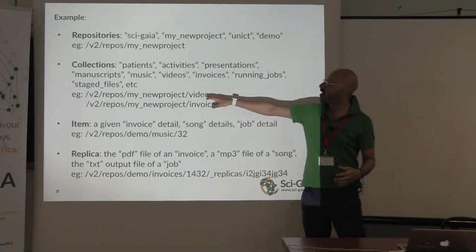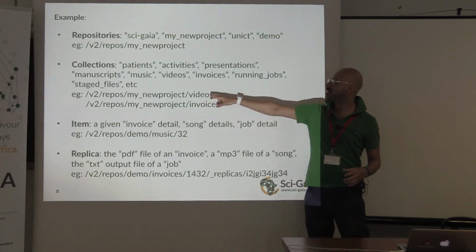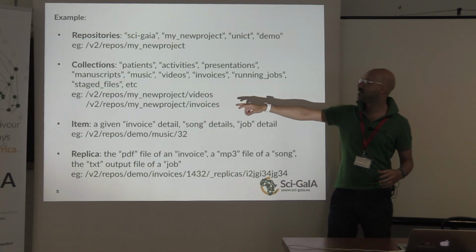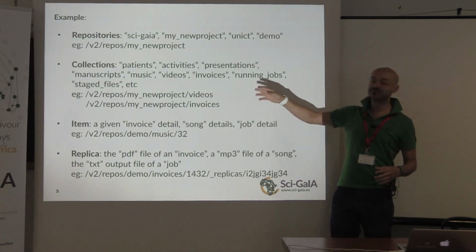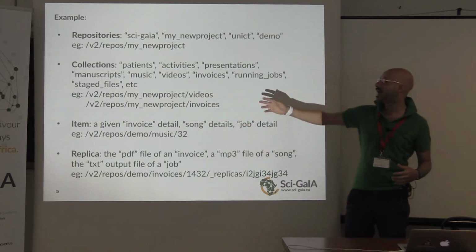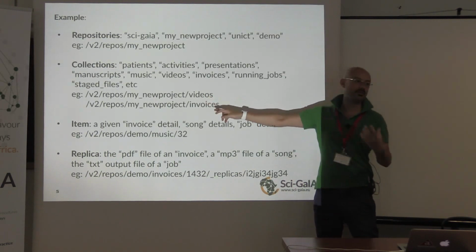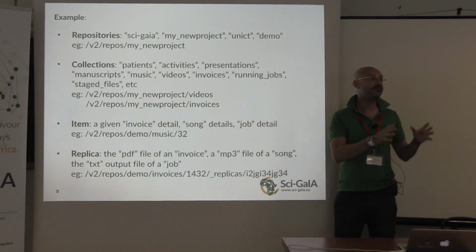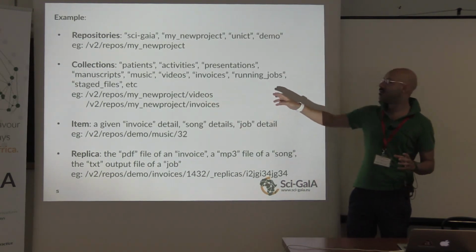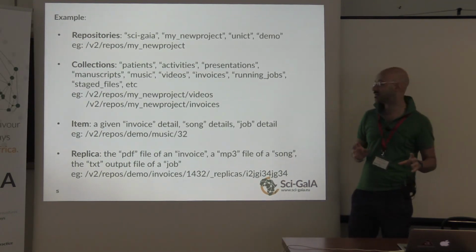So you're going to see here how this maps the structure of our REST API. The endpoint will be v2/repos. Under repos, you have all the repositories, like my project, VCT, and so on. And then you have the collection. So we really follow the REST principles, where we use a path to reach resources.